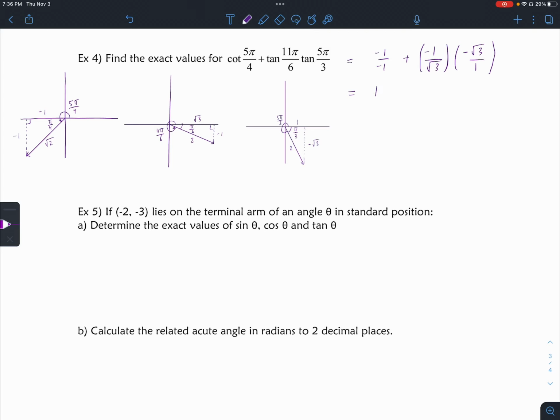So we got positive 1, because two negatives. So plus, the root 3's cancel out, so just plus 1. So that's just going to equal 2. A pretty simple calculation, 1 plus 1 equals 2. And so that's what this whole expression is equal to.